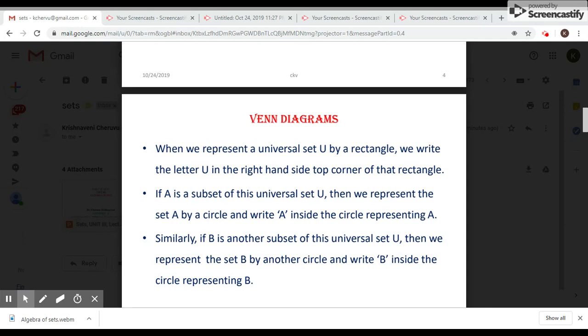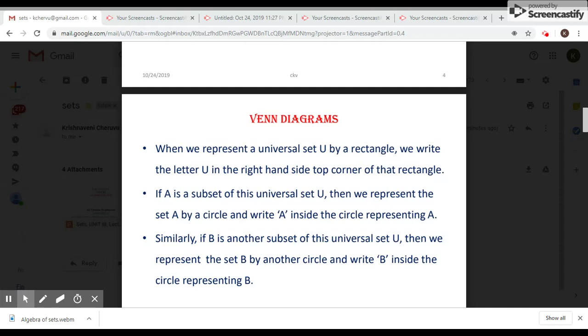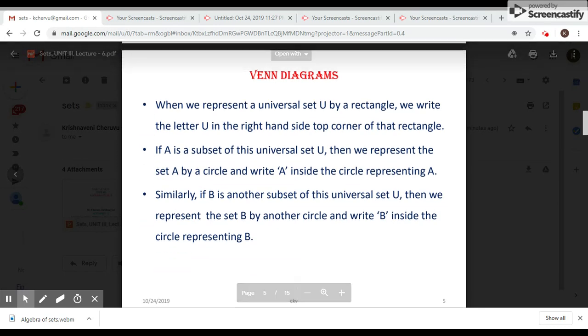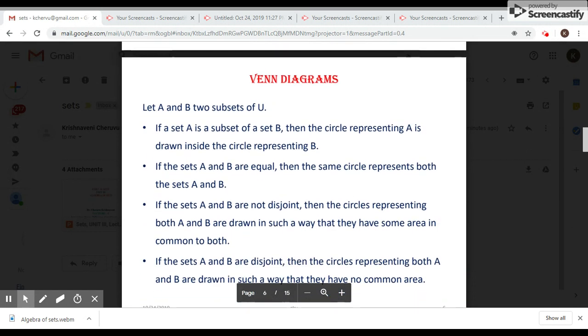If A is a subset of this universal set U, which we represent by a rectangle, then we represent the set A by a circle and write A inside the circle representing A. Similarly, B is another subset of the universal set U. Then we represent the set B by another circle and write B inside the circle representing B.